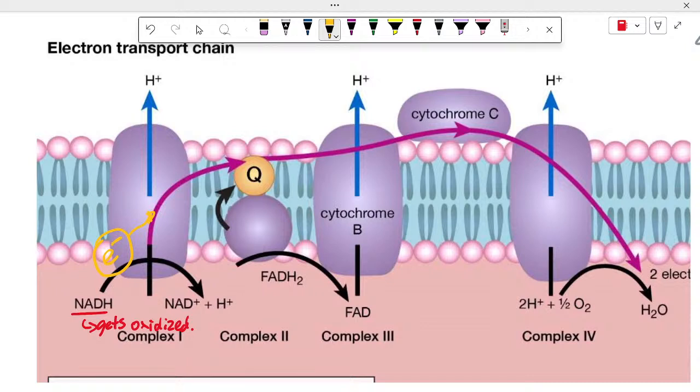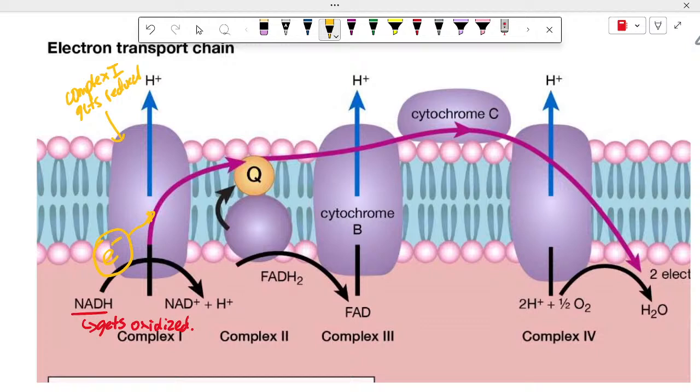Now, at complex 1, these electrons give it what? If NADH is oxidized, that means complex 1 is going to get reduced. And if it's reduced, it means it's gaining electrons, but it also means it's gaining energy. Does that make sense? And if it's gaining energy, this machine can be used to use some of that energy.